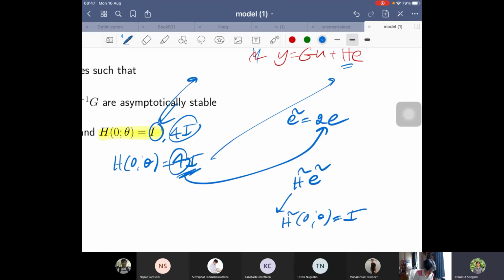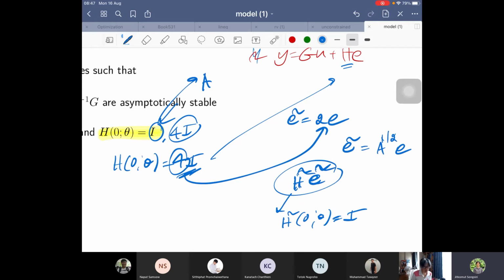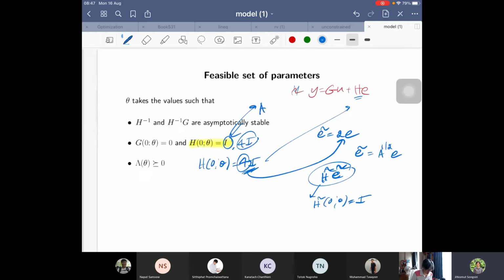If it's, for example, a matrix A, of course this A must be factorable. You can define your e again as the square root of A times e, and then represent it with the new transfer function and the new noise. Okay.